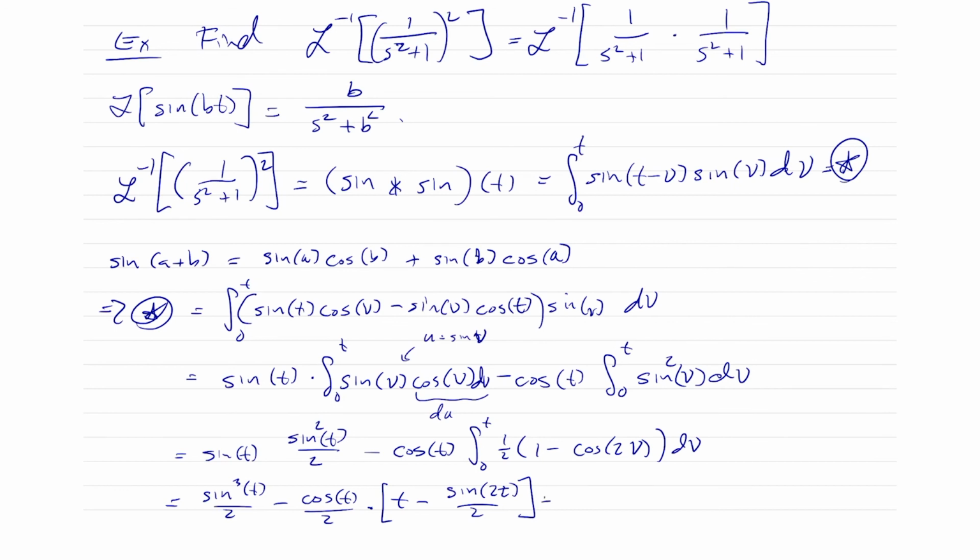Now to keep everything in terms of just t's, just because it's a nice aesthetic, we can change something. So we have t cosine of t over 2, and then minus cosine of t over 2. Sine of 2t is 2 sine times cosine. So this becomes sine of t times cosine squared of t. And I think that's it.